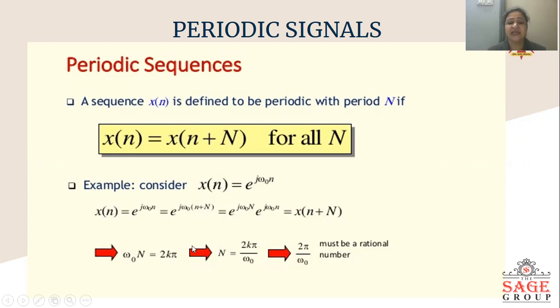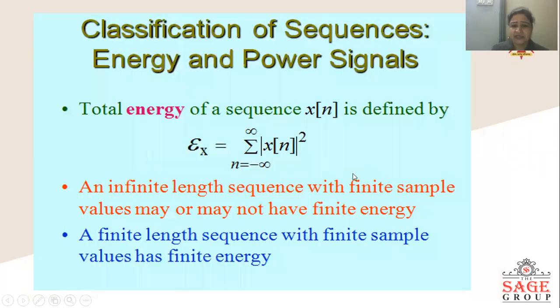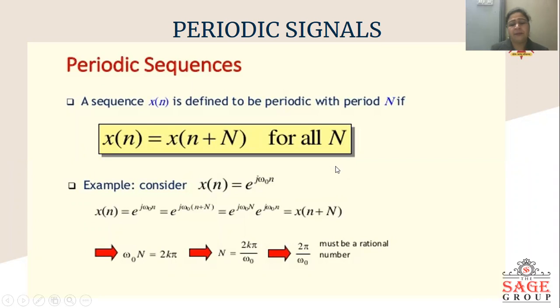So I'll say that omega naught should be a rational multiple of 2 pi, because the ratio of k and N, where both are integers, is a rational number. And in that case, the fundamental period of the signal will be given as 2k pi divided by omega naught.